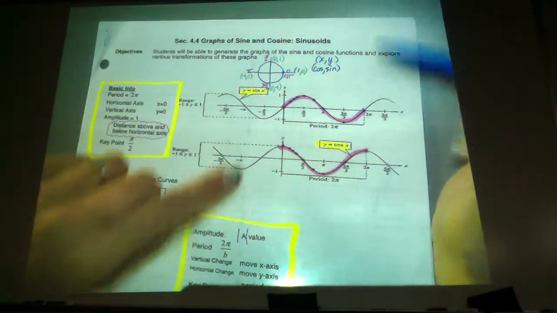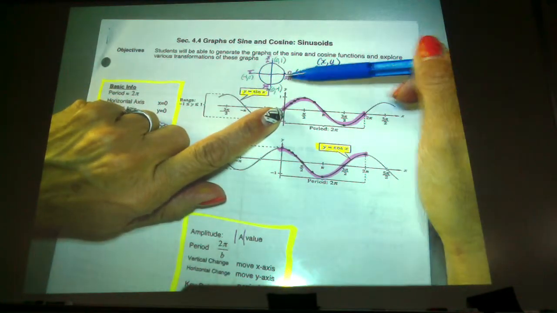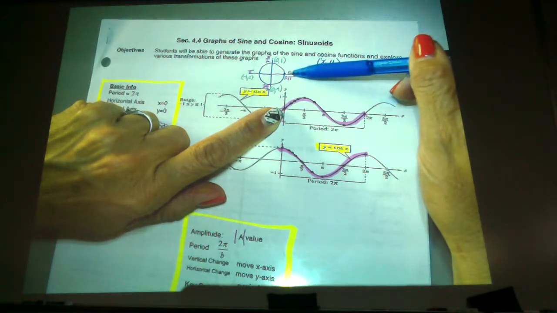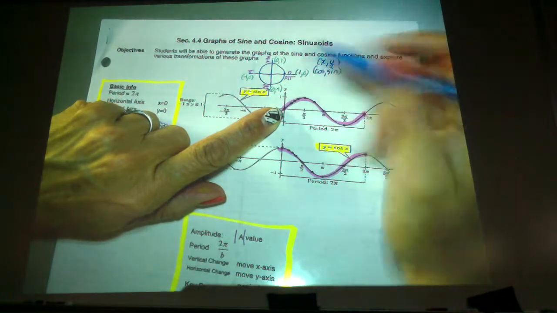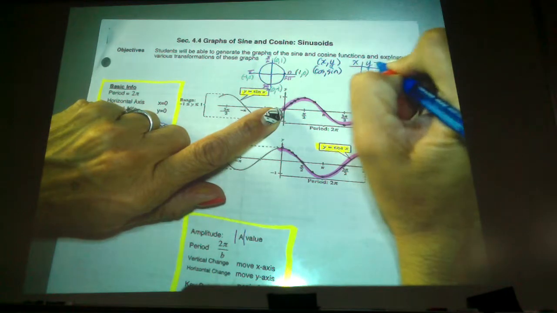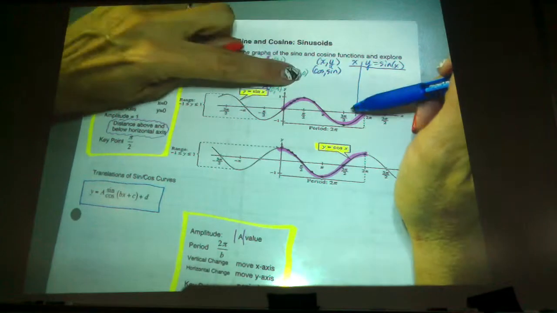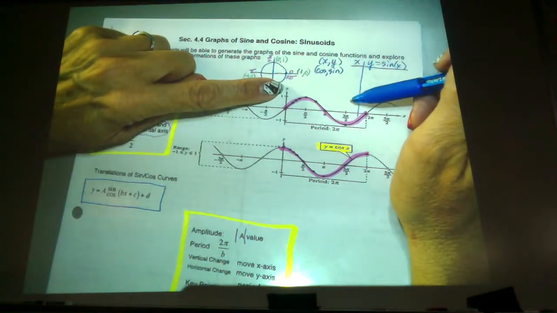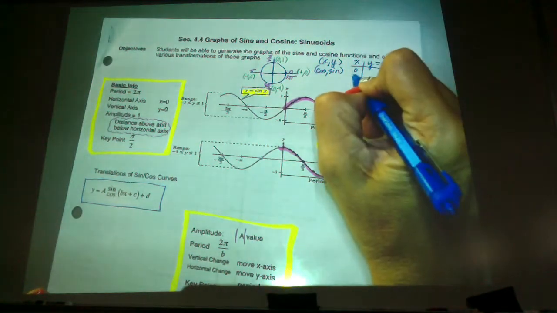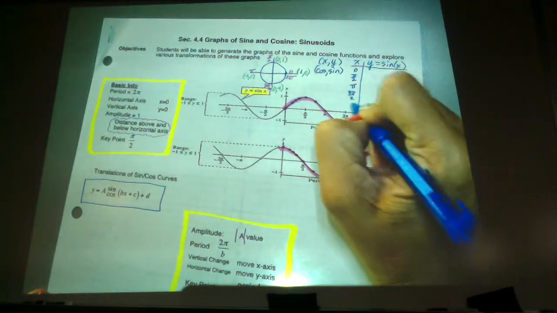So look at the graph. At 0 radians right here, I'm doing sine. What's the sine of 0? It's the y value, 0. Let's make a t-chart. I'm going to let my x values be all these pink numbers here, those north, south, east, west points on the unit circle: 0, pi over 2, pi, 3 pi over 2, and 2 pi.